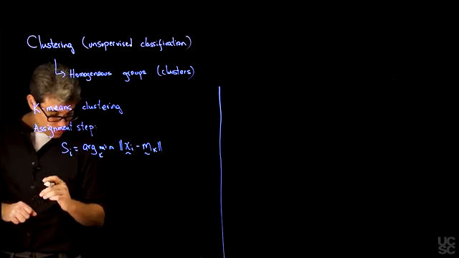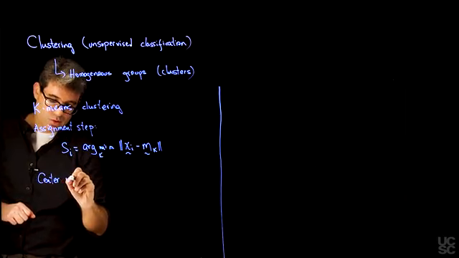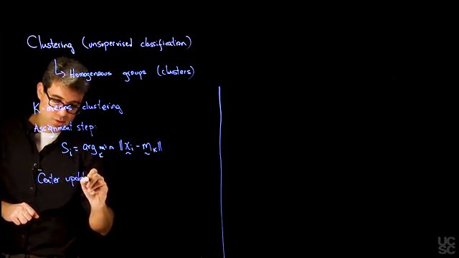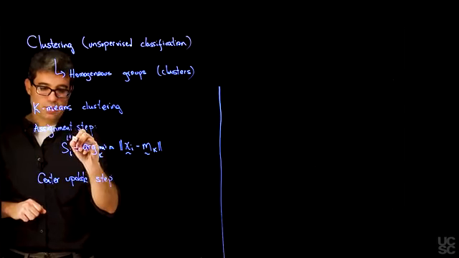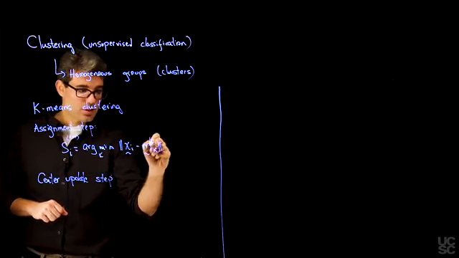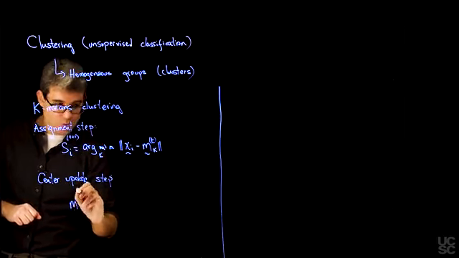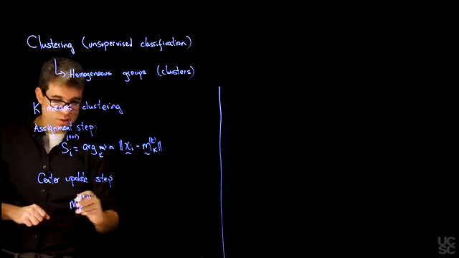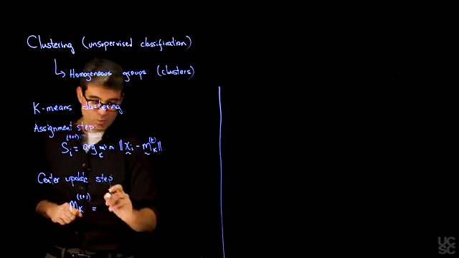The second step that we do is a center update step. So this would be iteration t plus 1, and this is based on iteration t. In this step, we get the new cluster centers by just averaging all observations that belong to the component k.